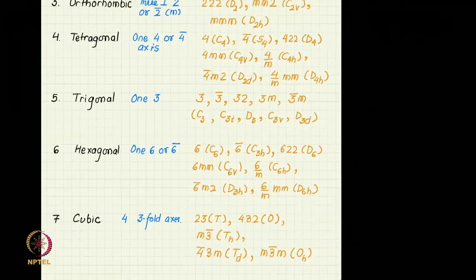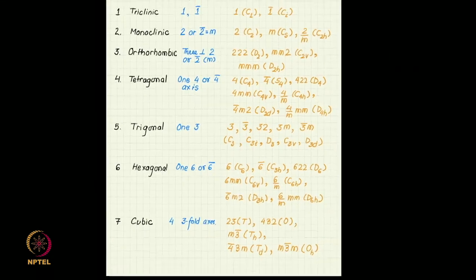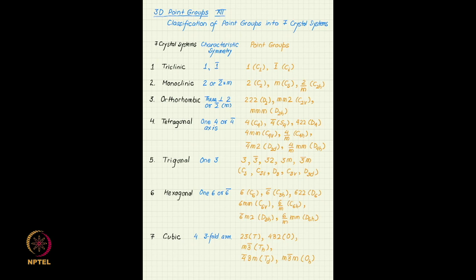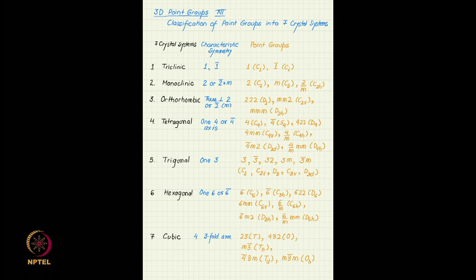So, in this development you can see that the crystal systems are nothing but classification of point groups. 32 point groups have been put in these 7 bins based on whether they have these characteristic symmetries or not.